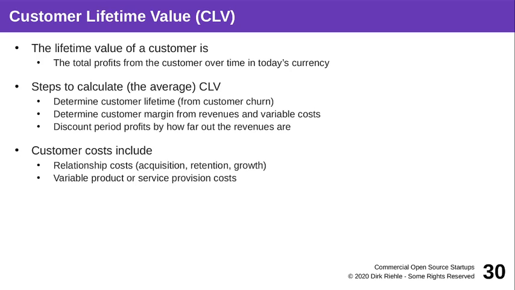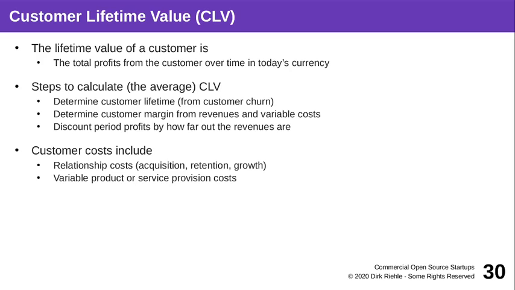And since these are money flowing in the future, you actually need to discount it, meaning bring it into today's currency. The further out some revenue or some profits are, the less valuable they are. If you have them today, they are more valuable, so you discount them by the inflation. So then that lets you create the customer lifetime value.